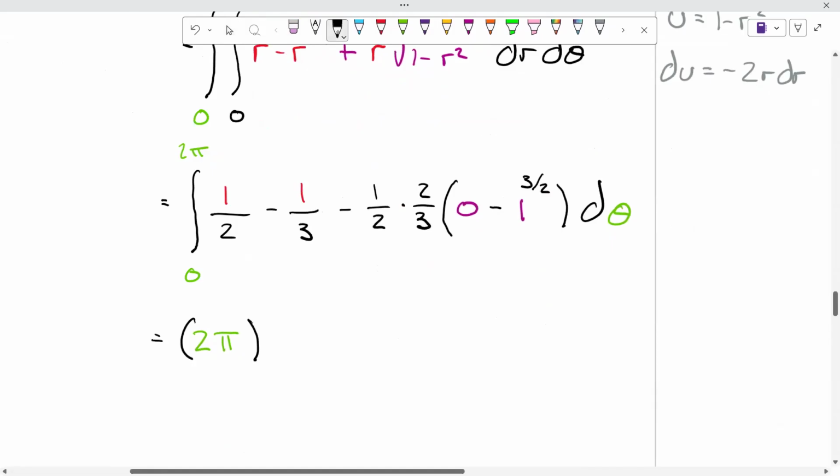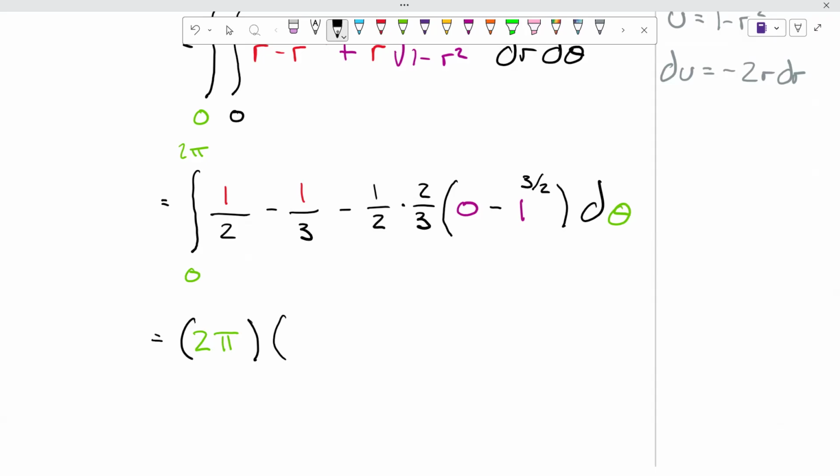But let's come back to the rest of the mess that we have to simplify. So 1/2 minus 1/3 minus the rest of that stuff all multiplied together. Working our way through the part on the right, 1/2 times 2/3 is 1/3.